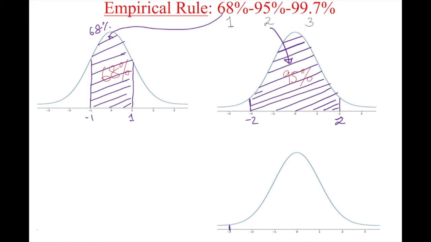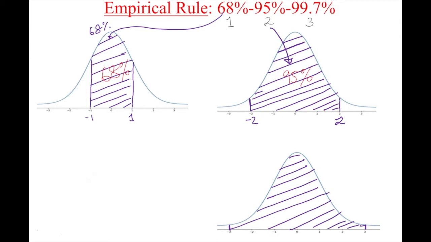All this data falls within almost 3 standard deviations. So 99.7% of data falls between this, and 99.7% of data falling in this.